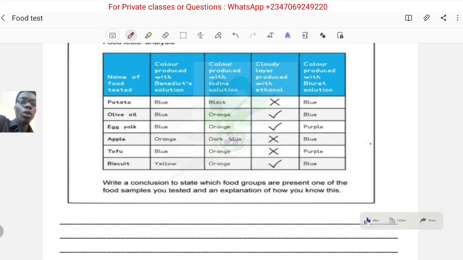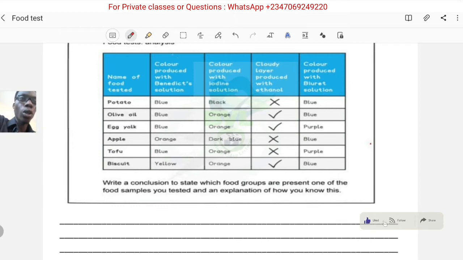Now what we're trying to do is this: each of these food substances has been subjected to different tests. Potato was subjected to the Benedict test. It was added to the iodine test. It was added to ethanol, that's the emulsion test for fat. It was added to biuret solution, that's the test for protein. So let me write this, maybe it's going to help you.